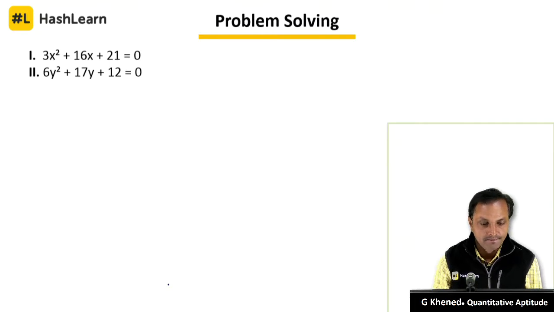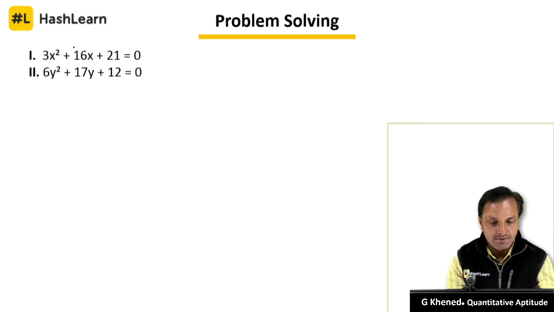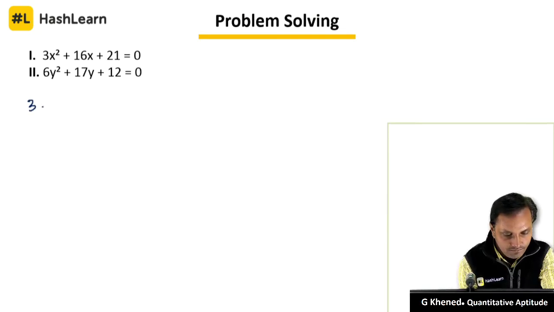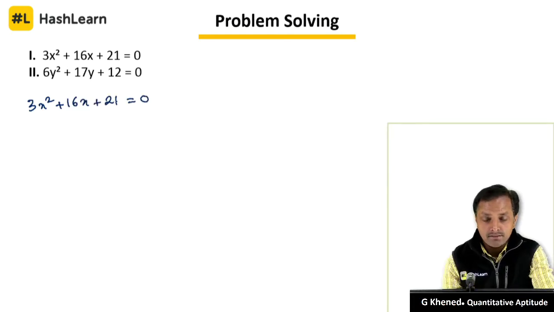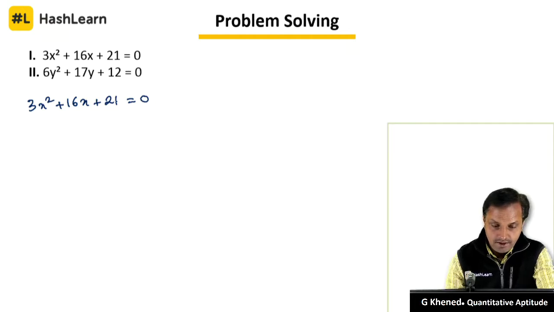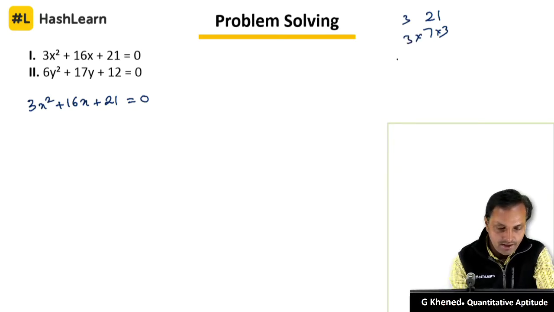Here is an example: 3x square plus 16x plus 21. Solve it. The factors for 21 are 7 into 3. 3 is only 3. You should get 16. How will you get 16?